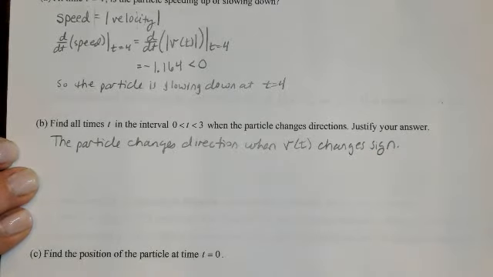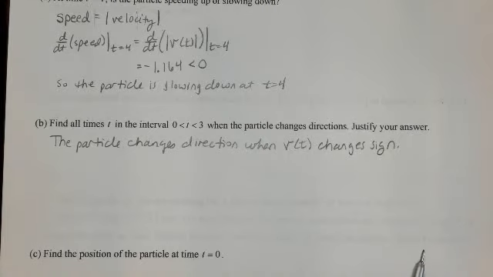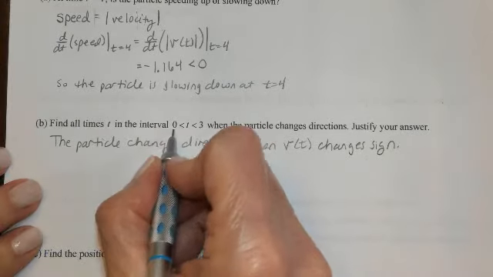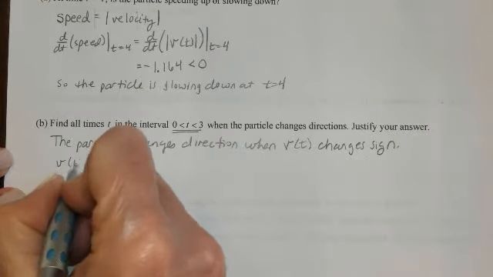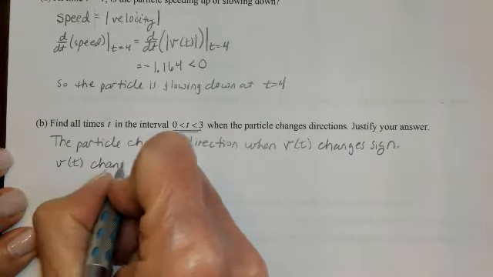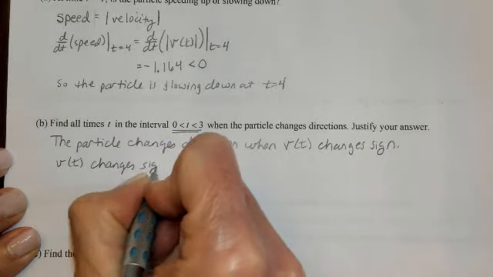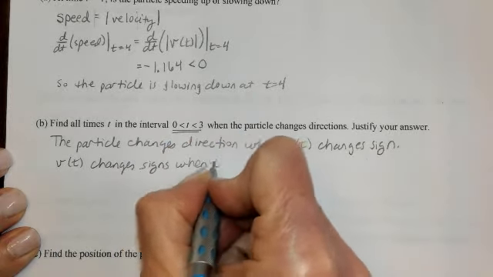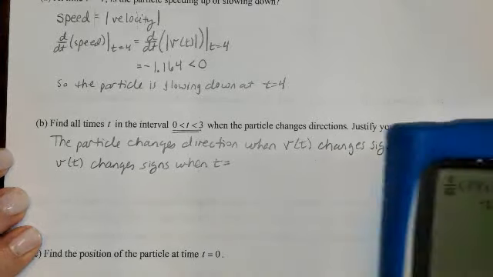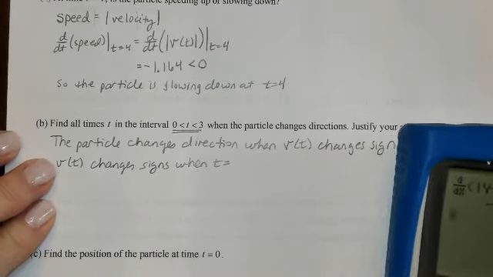So we want to find the times when the velocity changes sign, and we're only considering times from 0 to 3. So I will write v of t changes sign when t equals, okay, now we let our calculator do the work.